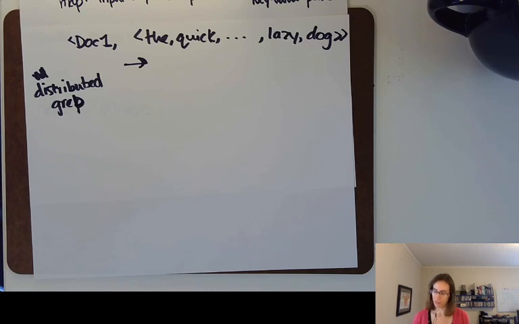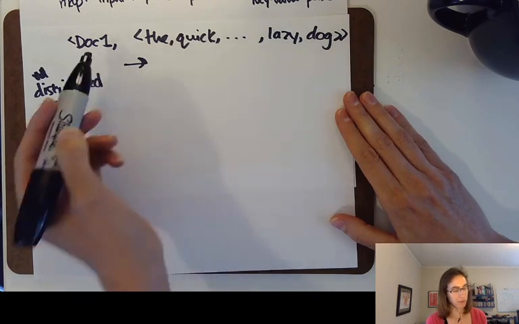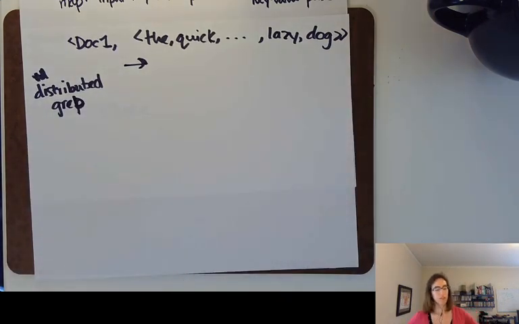So in this case, what we're trying to do is figure out what documents have a given word in them, and maybe we even want the context in which that word appears, right? So instead of just saying, oh, well, dog occurs in document 1, we might want this piece of text that says lazy dog.